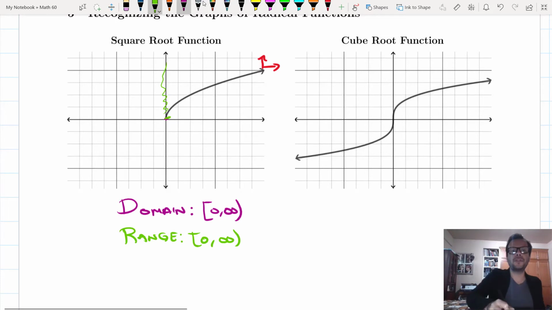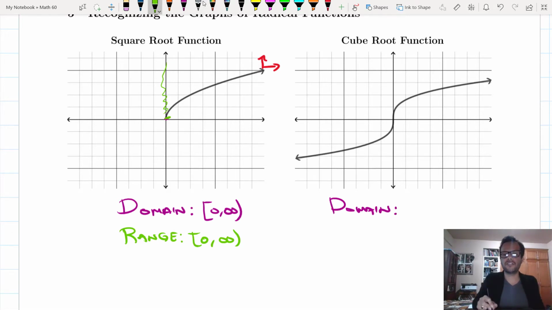What about the cube root function, right? The cube root, okay, domain and range. Okay, notice this function as opposed to the square root has two tails, right?